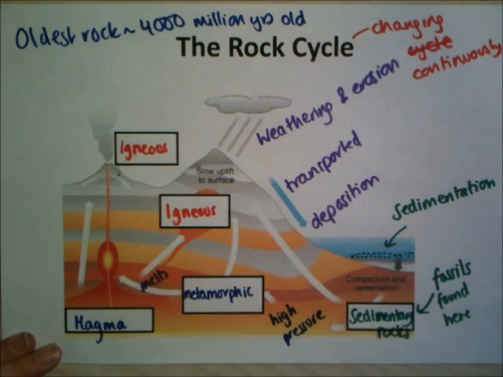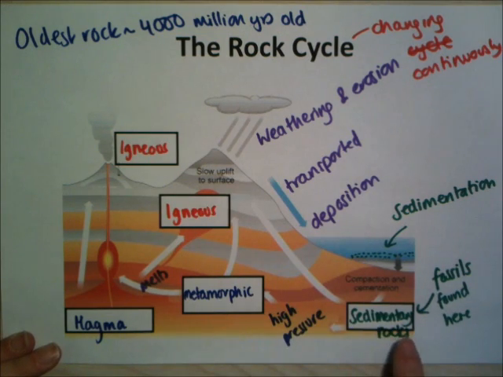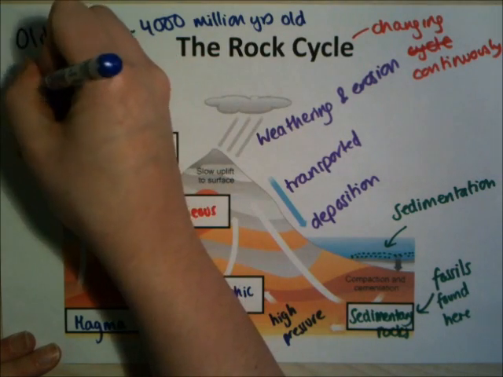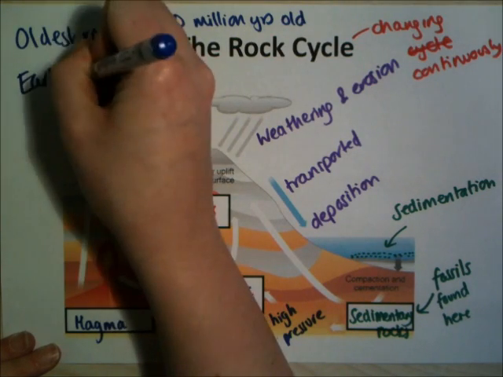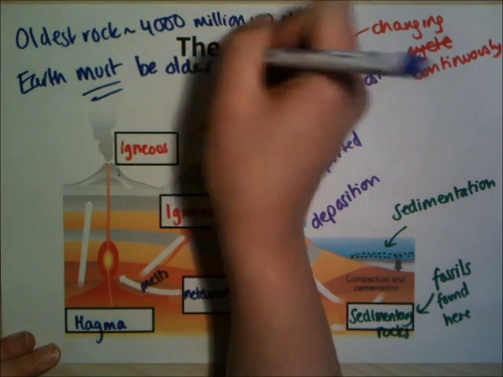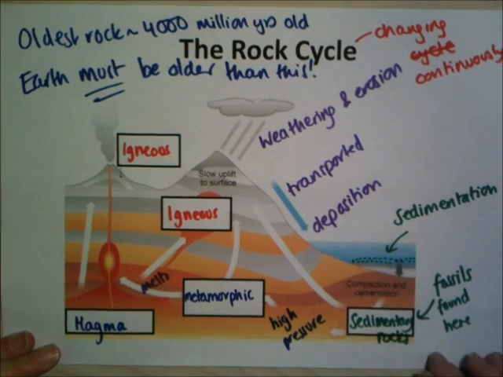So the oldest rock might be, say, an igneous rock, but before then it must have been metamorphic, and before then it was probably sedimentary. So this cycle means that if the oldest rock is 4,000 million years old, Earth must be much older than this. So Earth must be older than 4,000 million years old.